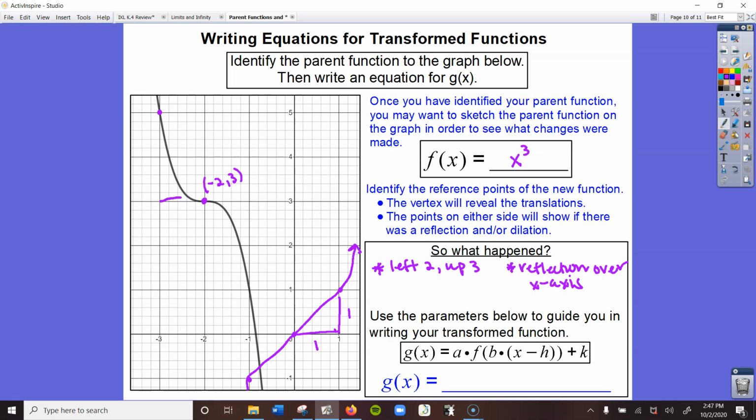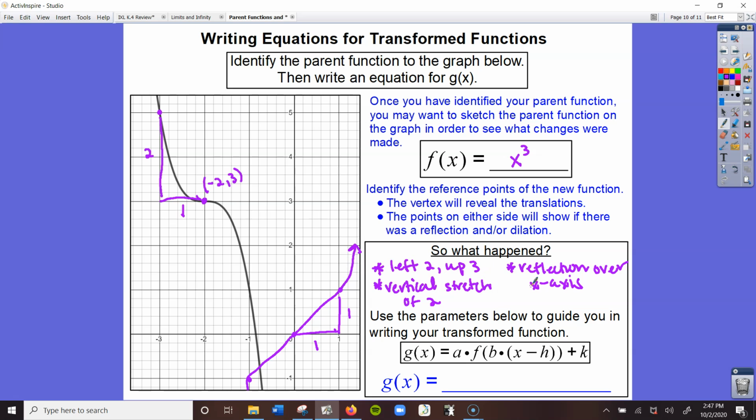If I compare the horizontal with the vertical distance, my horizontal distance is 1, but the vertical distance is 2. This means that there was a vertical stretch of 2, since that distance did increase. And if it increased, it is a stretch. If it decreased, it would have been a shrink.